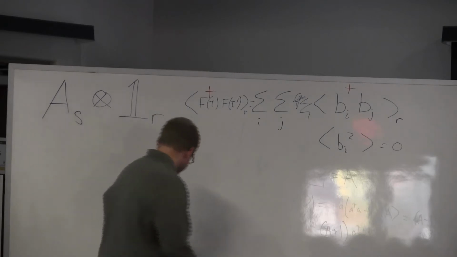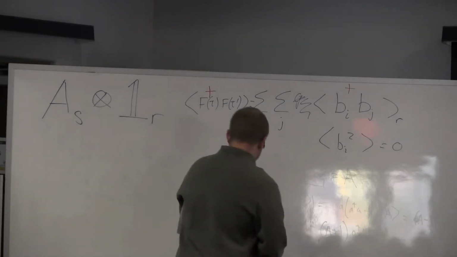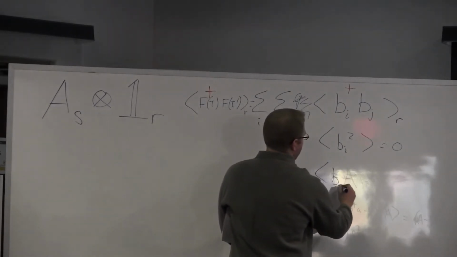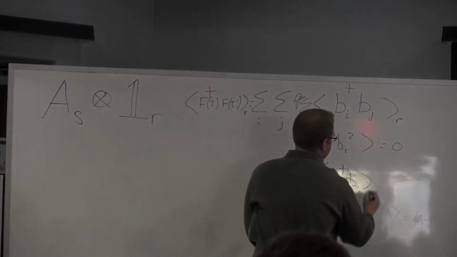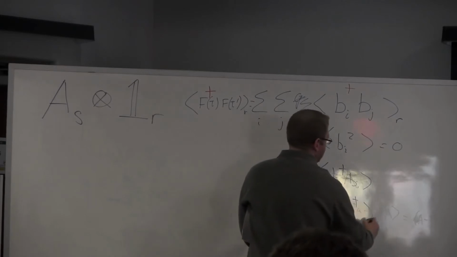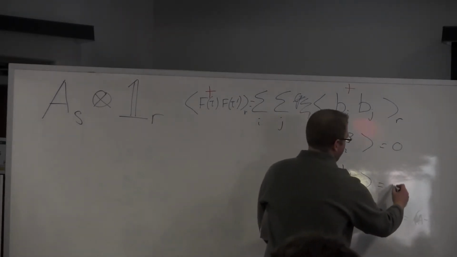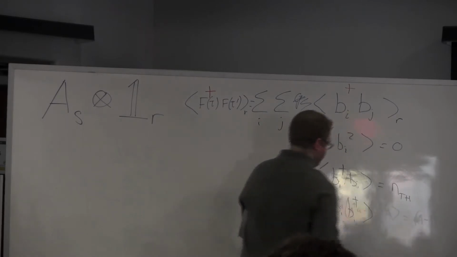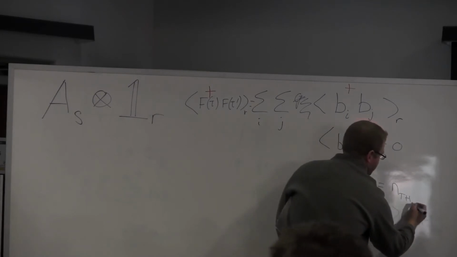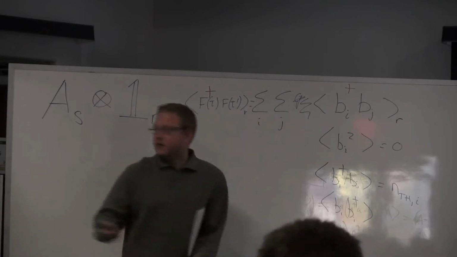But the only terms that will contribute are the ones of the form either b_i dagger b_i or b_i b_i dagger. And as you can imagine, this is given by the thermal occupancy of that particular mode. All right, well, let's proceed.